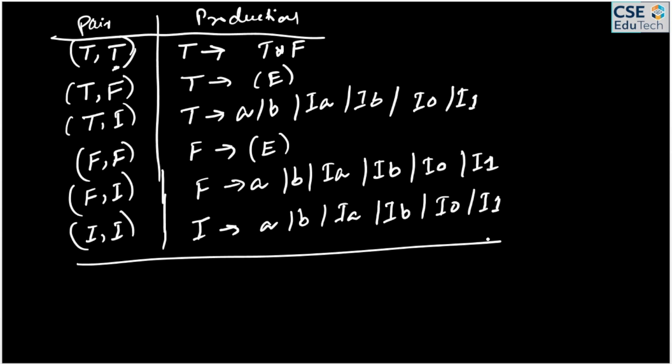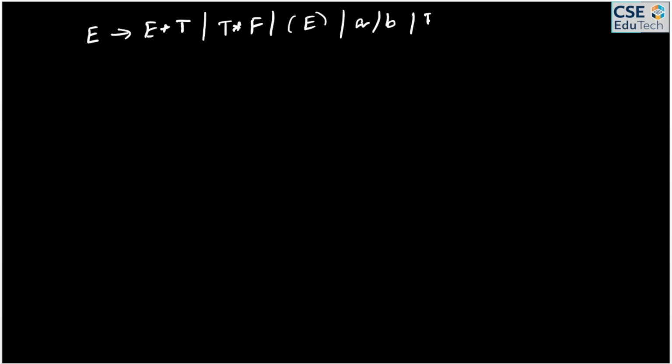Now we combine all these. So ultimately, if we combine all the productions, we obtain E to E plus T, T multiplied by F, bracket of E, A, B, IA, IB, I0, I1.